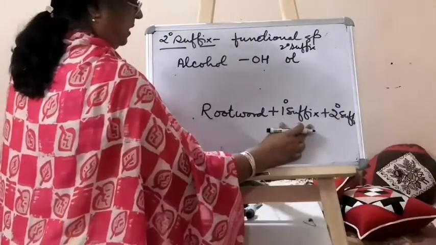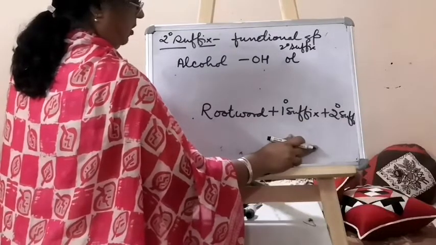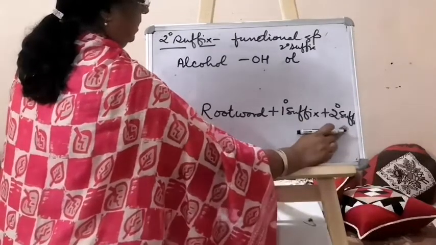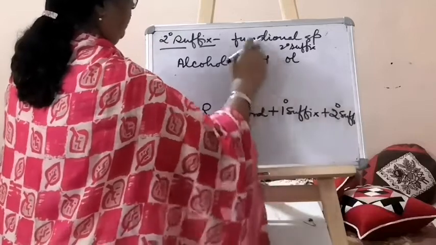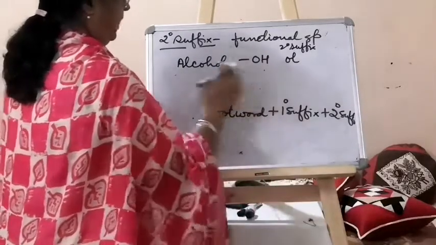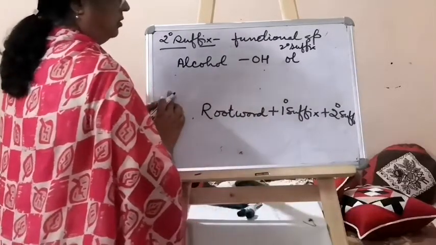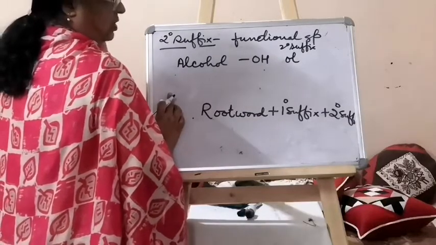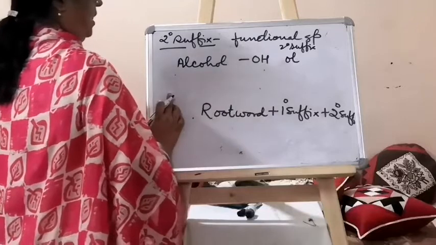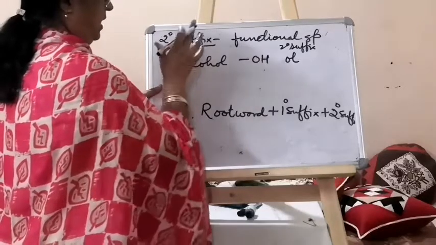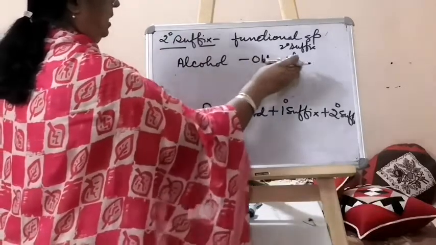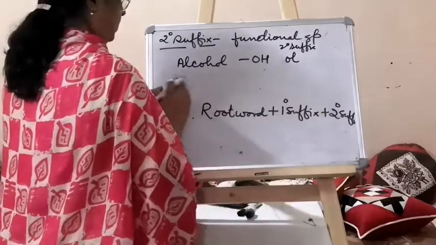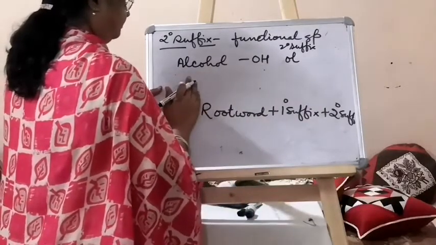The primary suffix is based on single, double and triple bond, ane, ene, yne, and the secondary suffix is based on the functional group. So this you will have to learn from your book in the PDF file. I will be attaching that page for the functional groups. The name will be there, the formula will be there, and their secondary suffixes. So that you will have to learn.